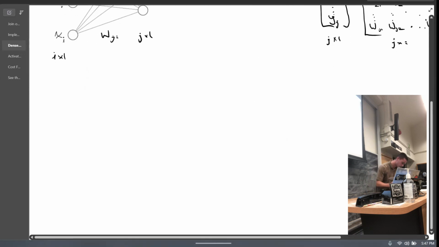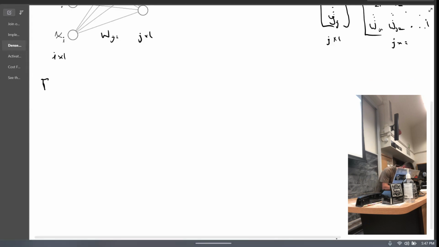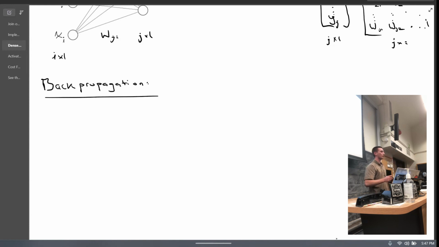For the backpropagation, given our cost function C, we want to minimize that to 0.